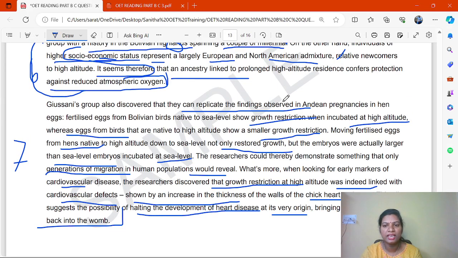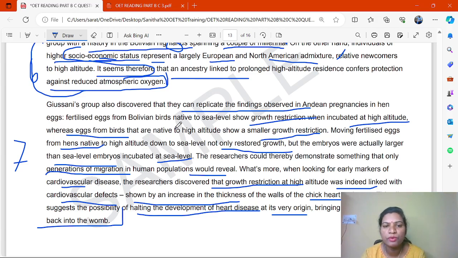Hen eggs. Okay, they used hen eggs to experiment, so they got the answers very easily because the incubation shows growth. I will repeat once more.